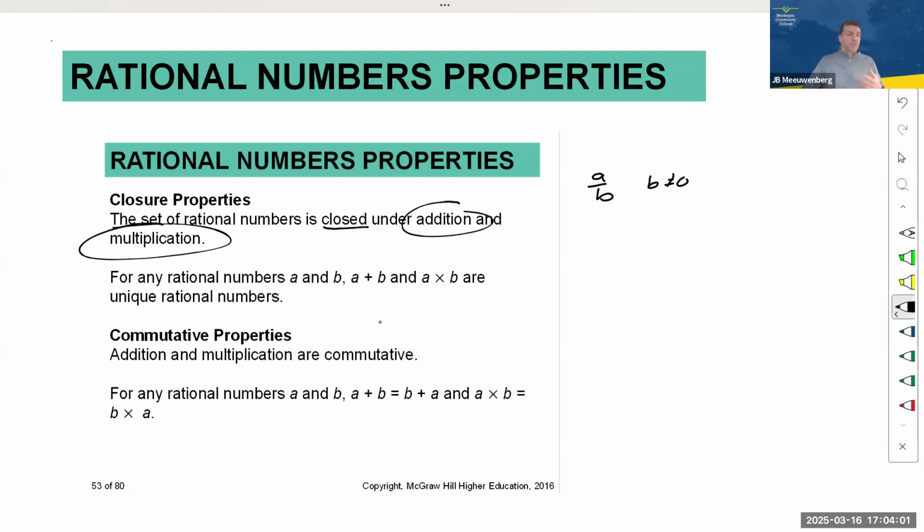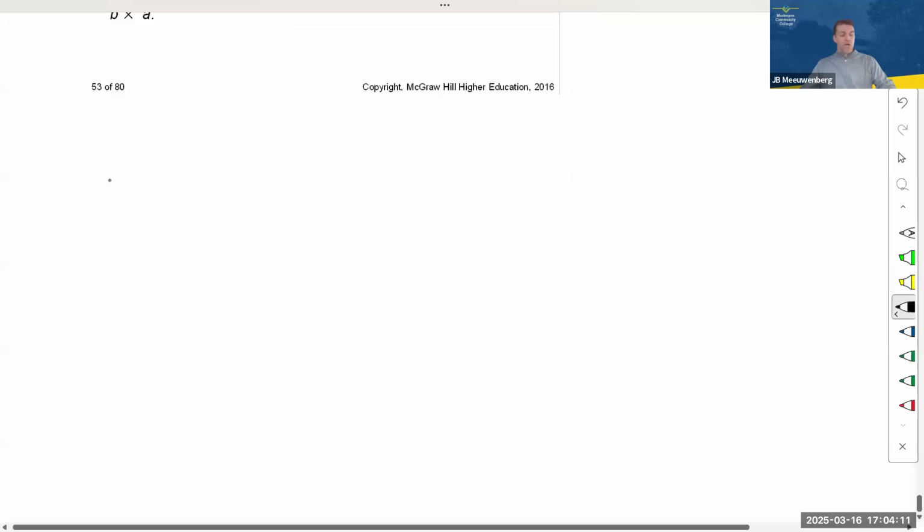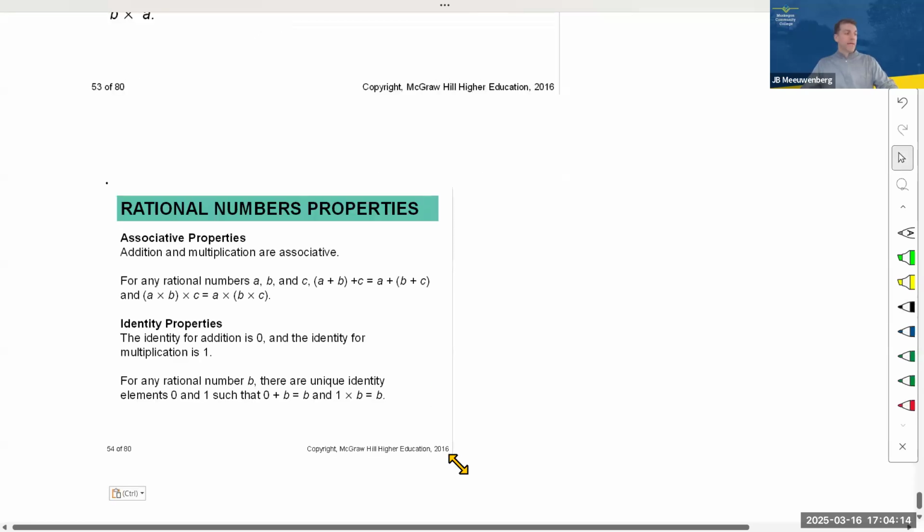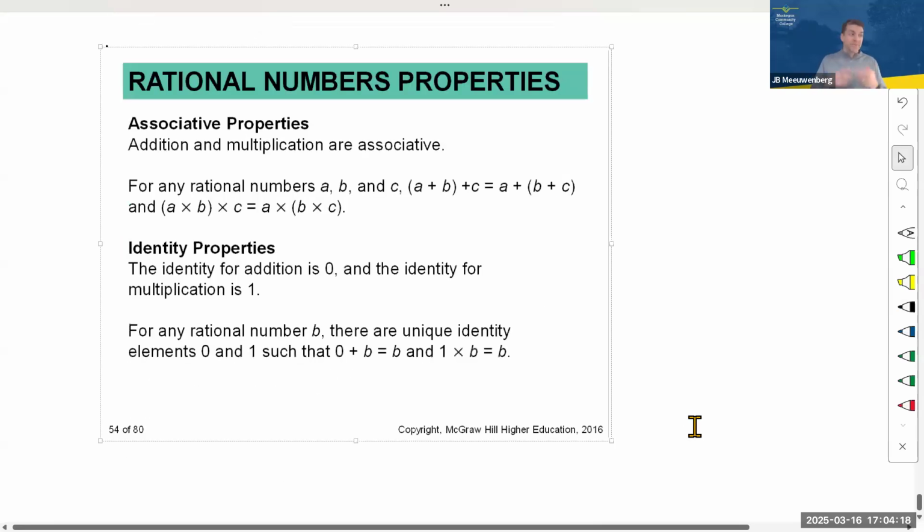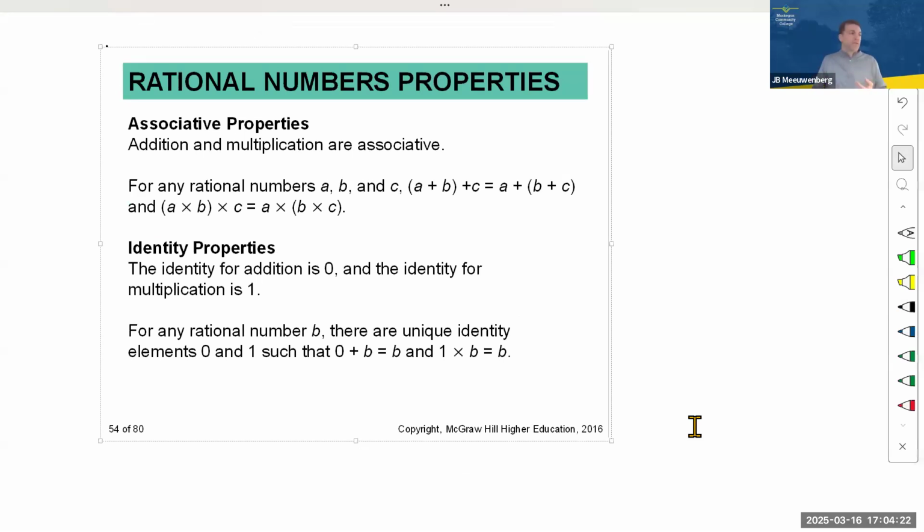Commutative. Rational numbers are commutative for both addition and multiplication, meaning you can change the order and you'll still get the same answer either way. A couple other properties that we looked at before, which hold for rational numbers, are the associative property. Remember, associate means who do you want to associate with?